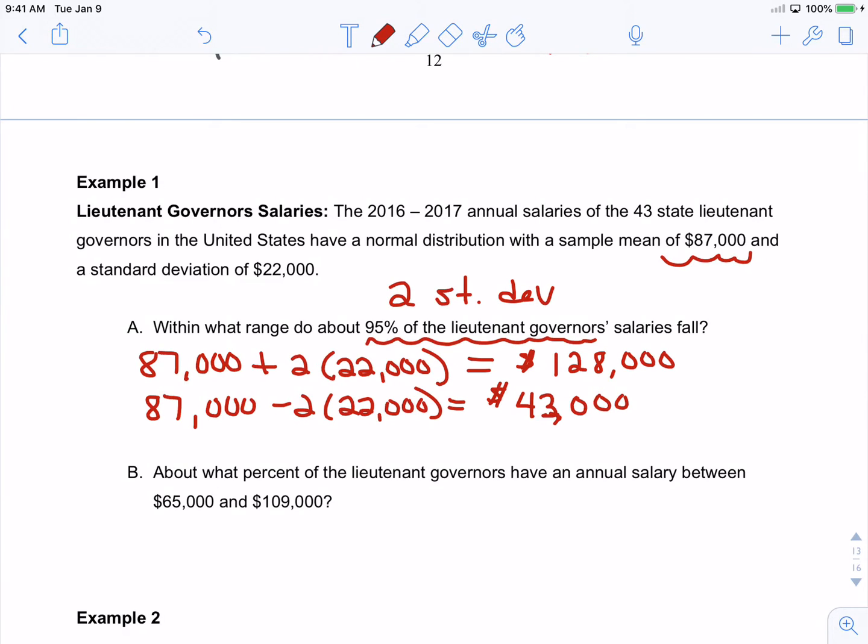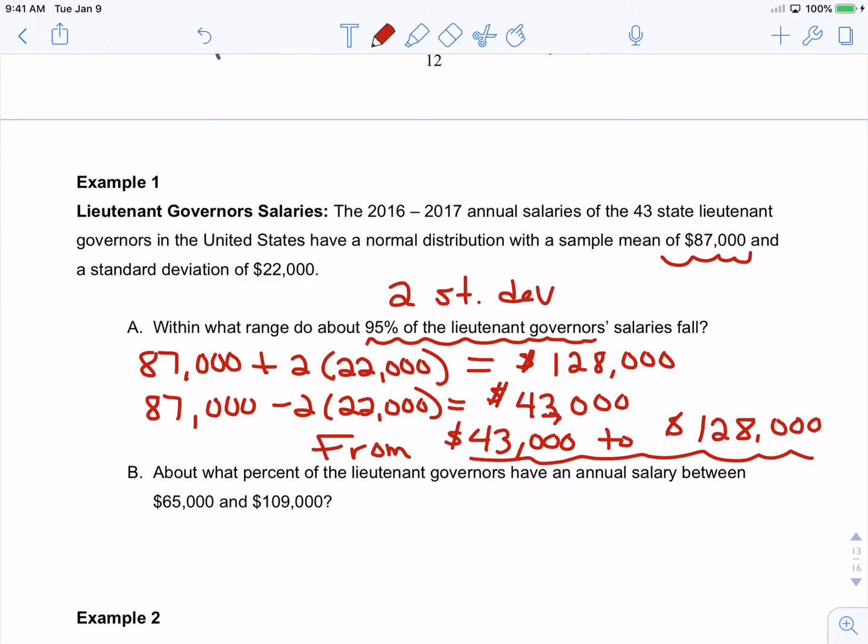Their salaries fall in the range from $43,000 to $128,000. So 95% of the salaries of those 43 states are between $43,000 and $128,000.